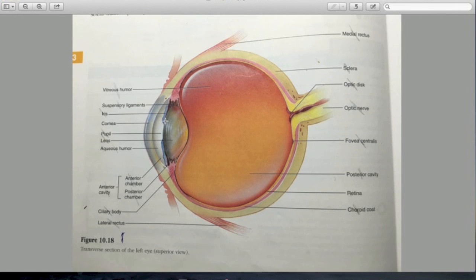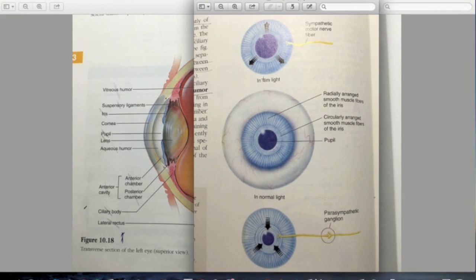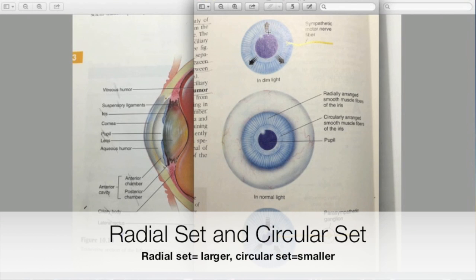And if you look at this diagram, there are also muscle fibers in the iris: if the radial set contracts, the pupil becomes larger. If the circular set contracts, the pupil becomes smaller.